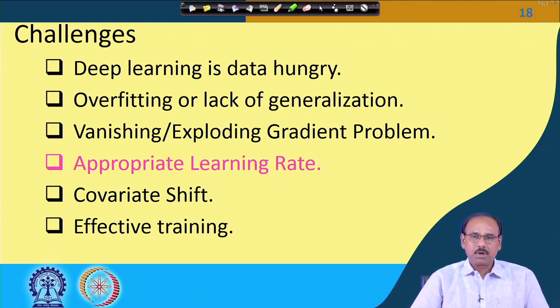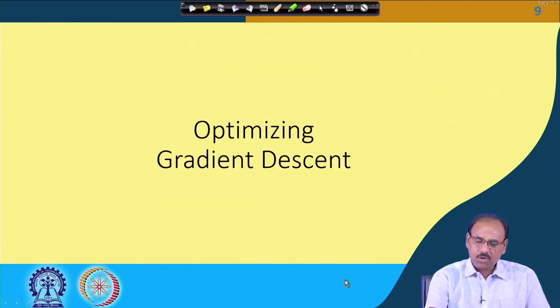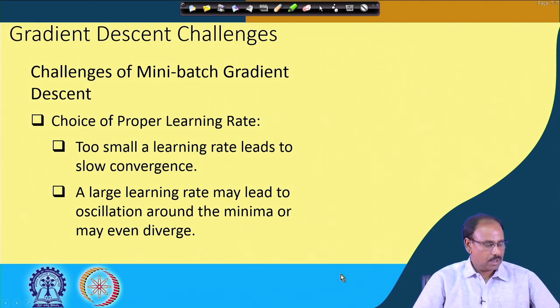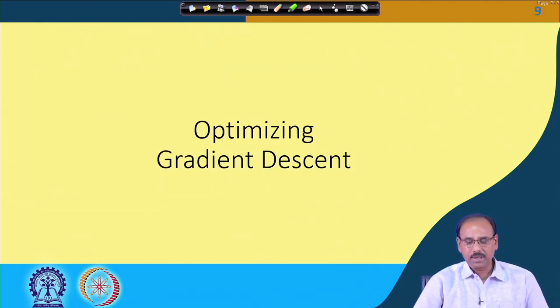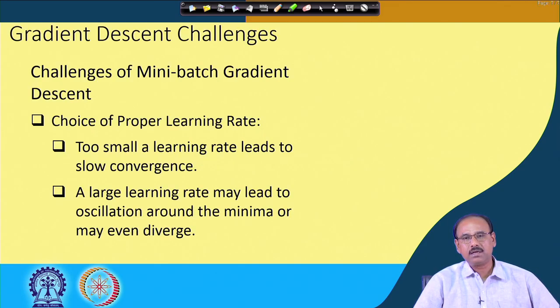So let us see what are the different algorithms available for tackling this particular problem. What we will discuss today is one of the approaches for optimizing the gradient descent operation, and the algorithm that we will talk about is what is known as the momentum optimizer. So let us see what that momentum optimizer is.